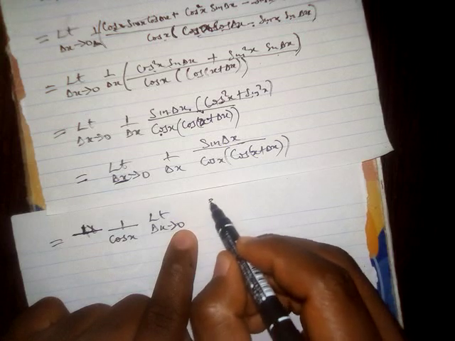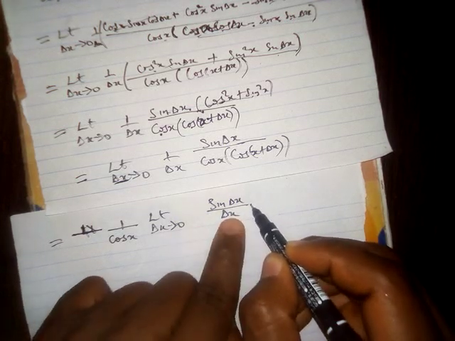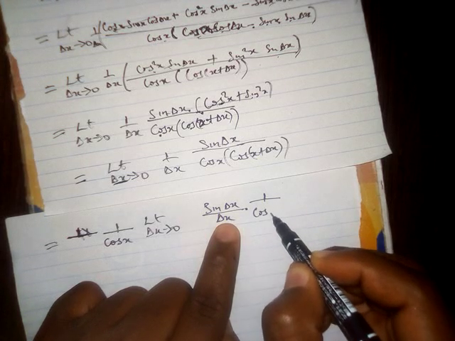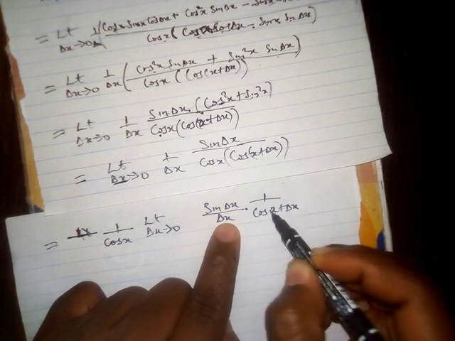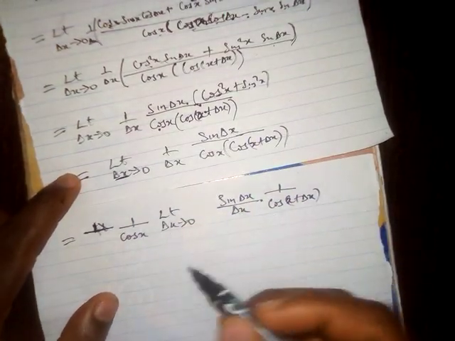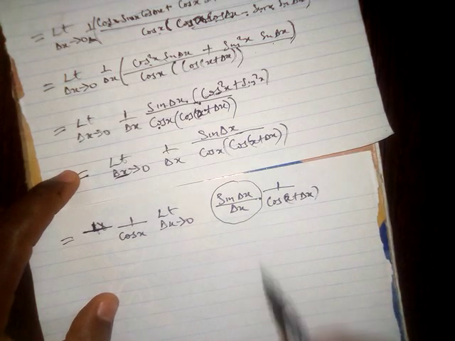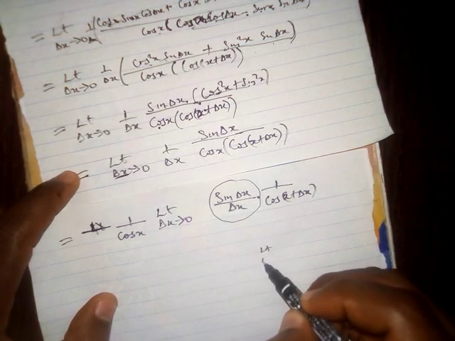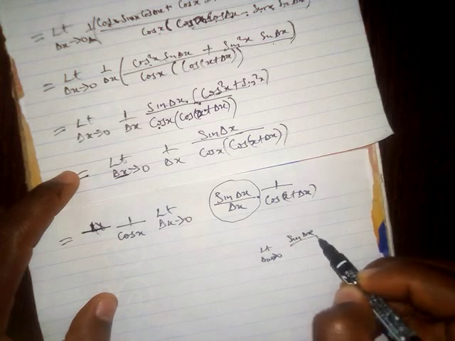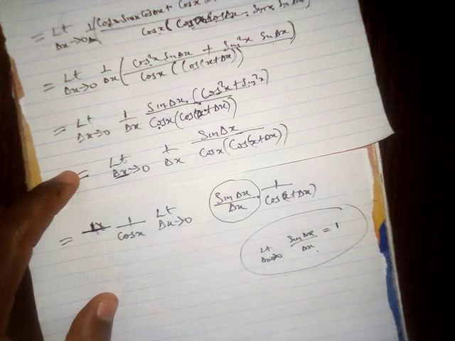We have this as sine change in x all over change in x times 1 over cos x plus change in x. Now if we work on this limit, the limit of this will be 1. Remember, this is a special limit. The limit as change in x approaches 0 of sine change in x over change in x is equal to 1. So the limit of this is 1.